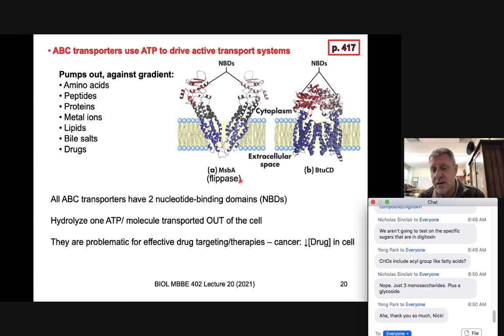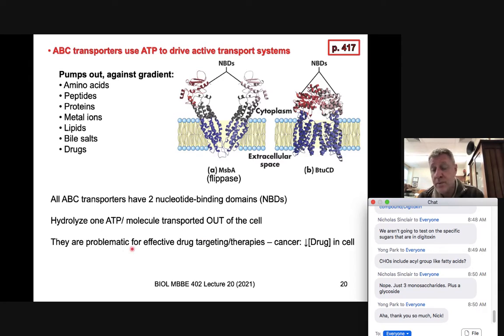We've already looked at this one. It's a flippase. But this one is a little bit more complex in regards to binding, causing a phosphorylation event to occur. The drug comes in, binds also, the dephosphorylation occurs, opens up the pore, and allows the molecule to move through. So again, the molecule can't normally move through the lipid membrane. It has to go through these non-specific transporters. All ABC transporters have these two nucleotide binding domains where we saw the issue of consuming ATP. They hydrolyze one ATP molecule to transport it out of the cell or into the cell, depending on which way they go.